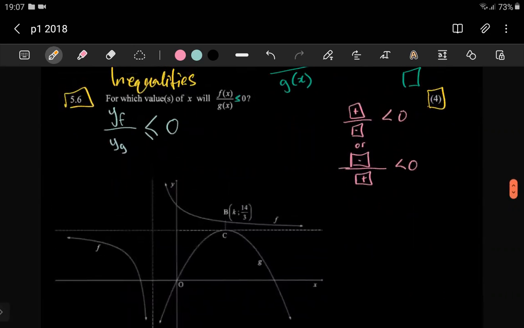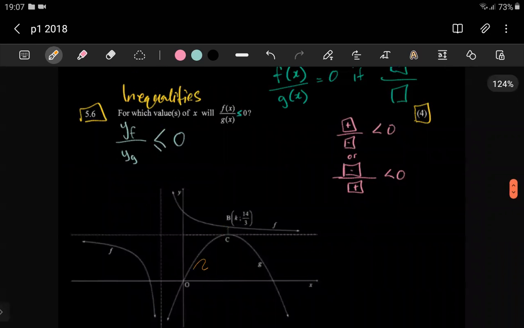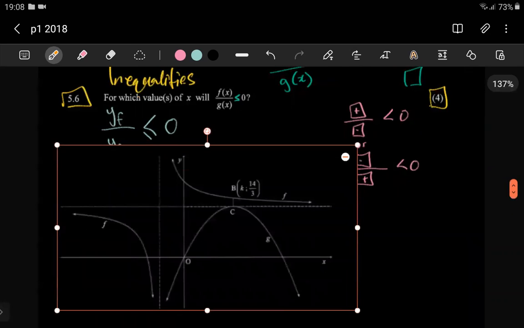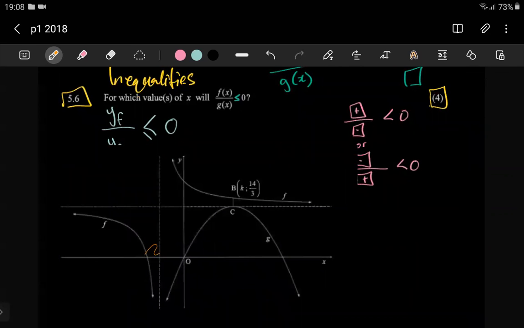Now, what you want to do is, in your image here, look for cases where everything is equal to 0. Just look for cases where your graphs are cutting the x-intercept. Take note of those points. So that's happening over here, and over there, you see.